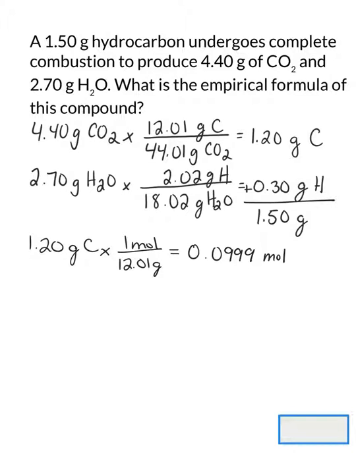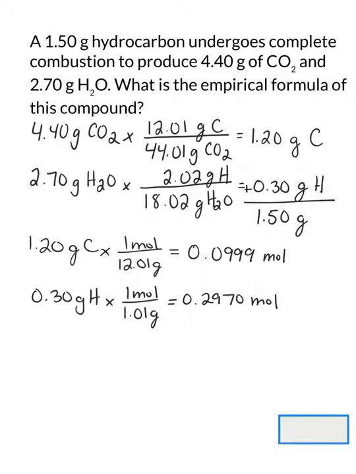I can do the same thing for the hydrogen, 0.30 grams of hydrogen. Now in this case, I am dealing with just 1 mole of hydrogen, so I can use the 1.01 grams in 1 mole. That is going to give me 0.2970 moles.